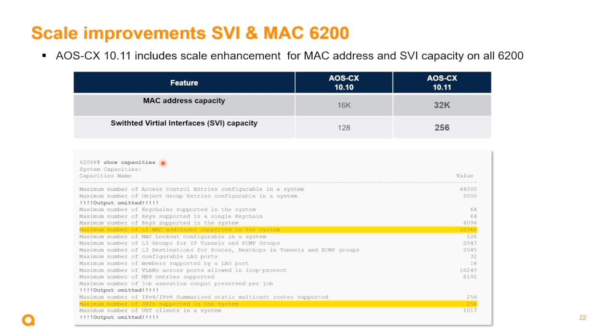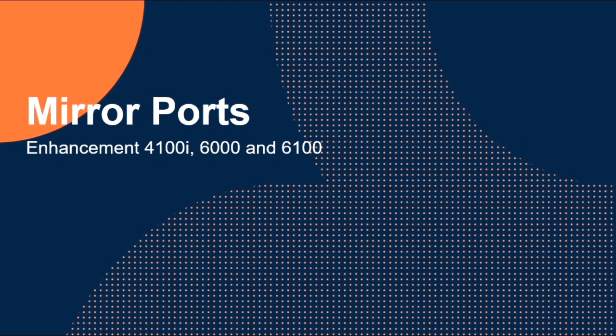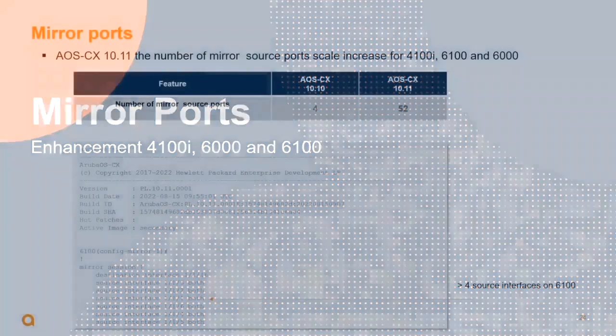I've just done a show capacities here and shown the relevant parts. You can see on this 6200 that we now support exactly 32768 MAC addresses, and the number of SVIs supported is 256.